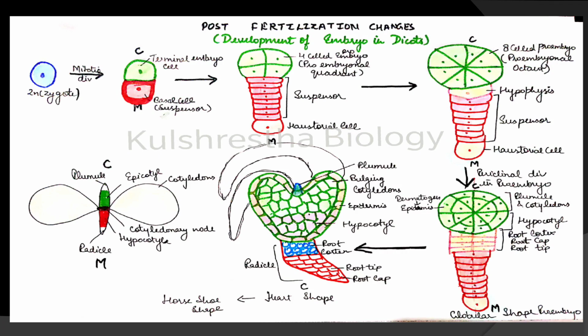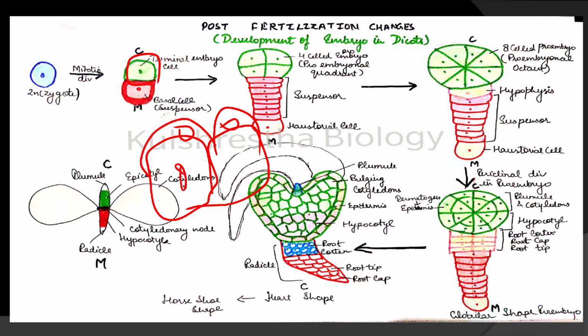Now about the terminal cell which forms the embryo. This terminal cell divides longitudinally and transversely to form a 4-celled proembryo. It is also called quadrant because there are 4 cells. The cells are arranged like this: 2 in front, 2 at the back side.